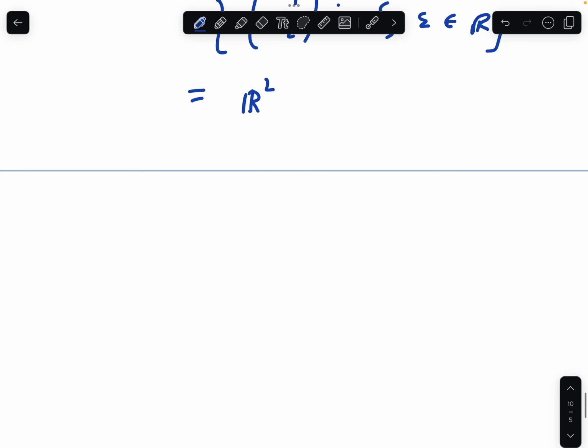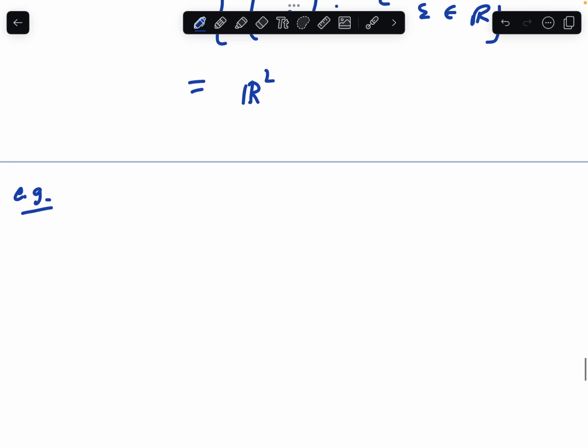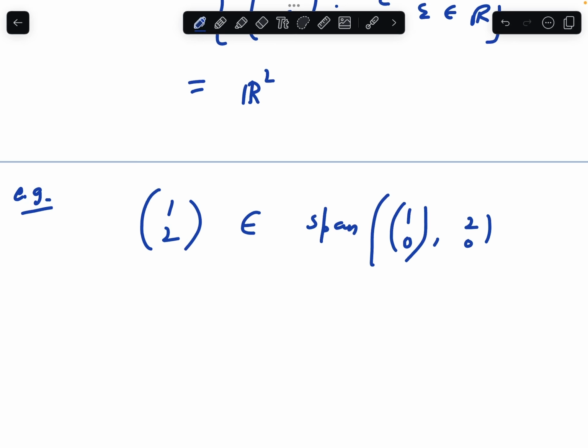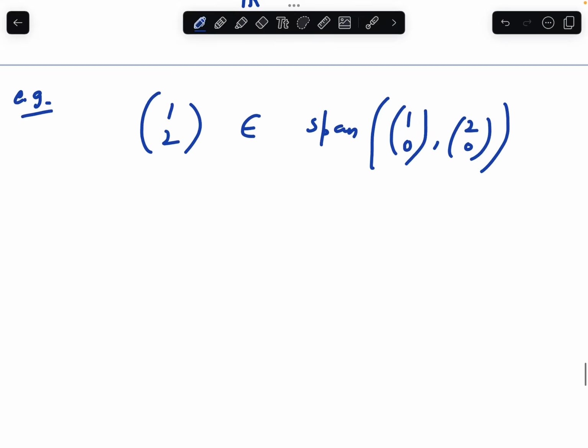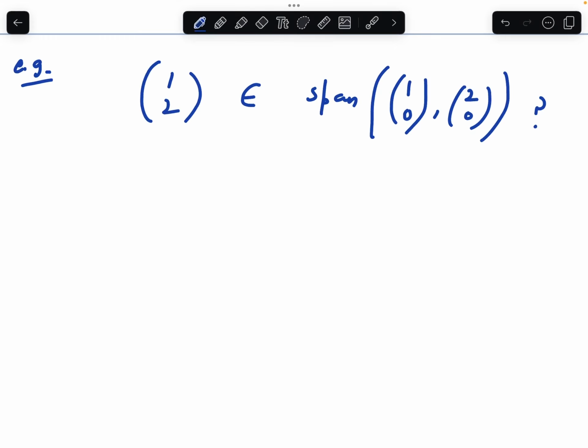Let's take another example. Is it true that (1, 2) is inside the span of (1, 0), (2, 0)? Well, if it were true, then we would have (1, 2) equal to C1 (1, 0) plus C2 (2, 0).